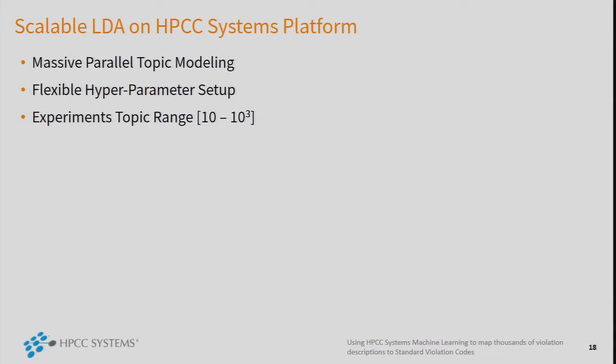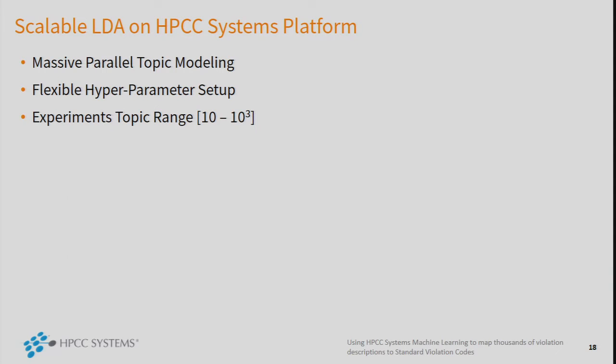So that means we can run 100 different sets of input parameters seamlessly at the same time. So based on this highly scalable LDA, we are able to run different numbers of topics on our data. So our topics range from 10 topics to 1,000 topics.